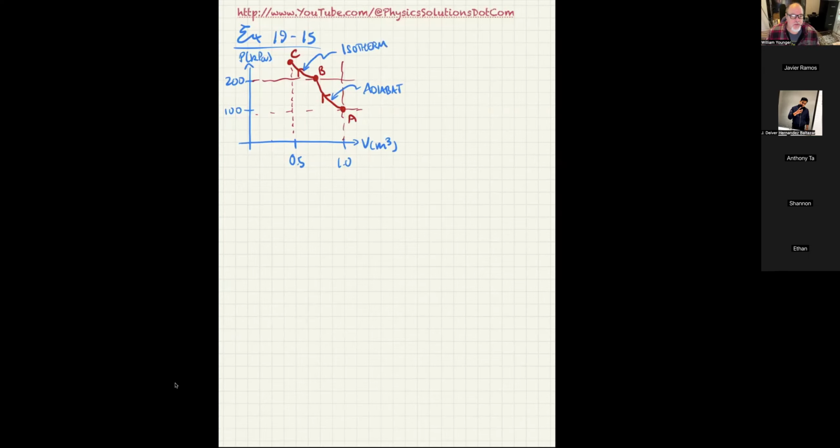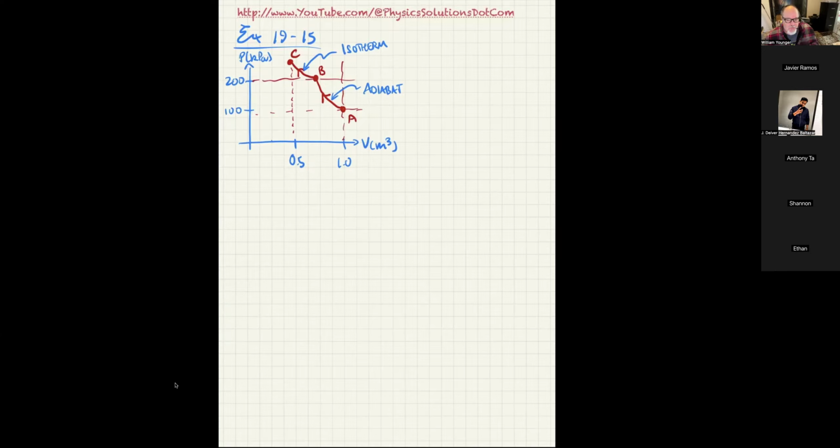So the question says an ideal monatomic gas is compressed starting at point A in the PV diagram below, where PA is equal to 100 kilopascals, VA is equal to 1.00 cubic meters, and TA is equal to 300 Kelvin. The gas is first compressed adiabatically to state B, which has a pressure PB equal to 200 kilopascals.